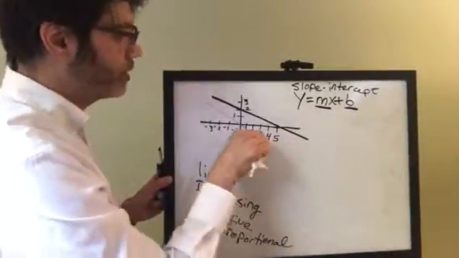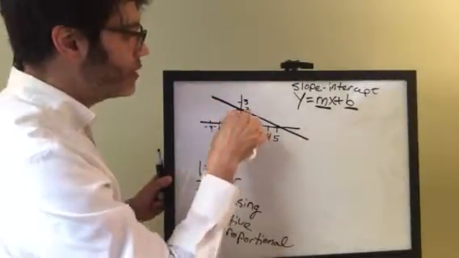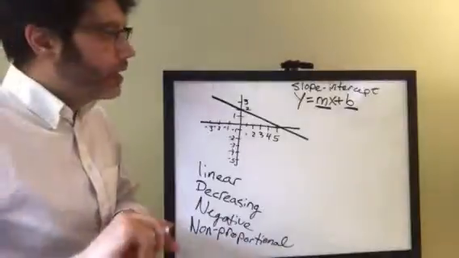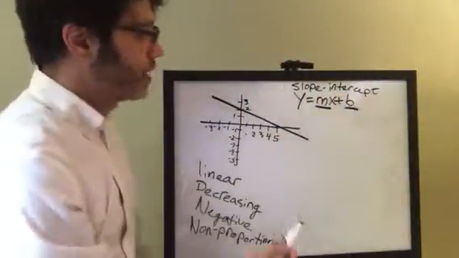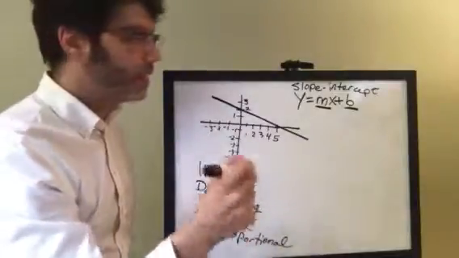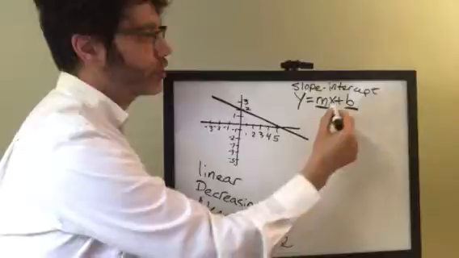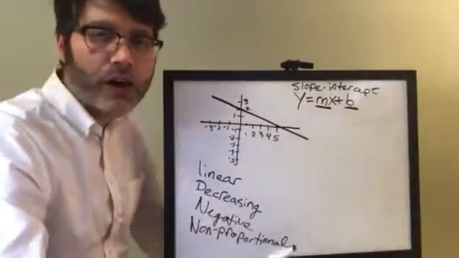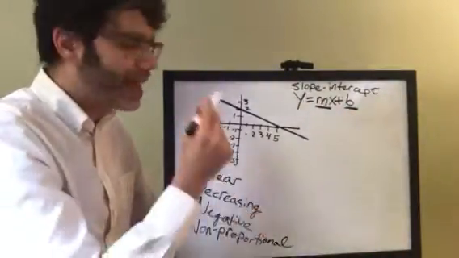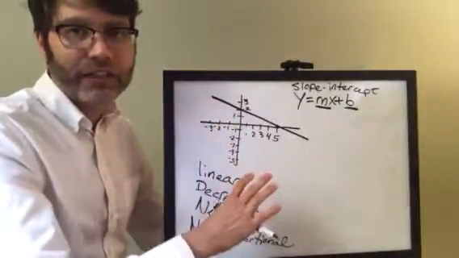But let's go back to our original line here, and let's come up with the equation of it. The equation for a line in slope-intercept form requires that we find out what the slope is, and then what our y-intercept is. So let's find out what our slope is by counting. I always recommend using the counting method if you're given the graph.